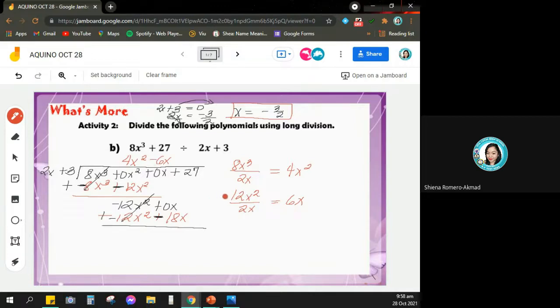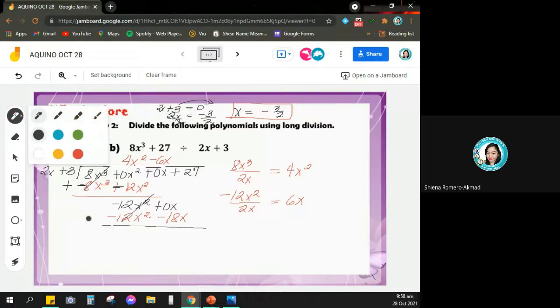Ulitin natin yung sign. So, ito dapat ay negative 12x squared. Ito ay dapat negative 18x.